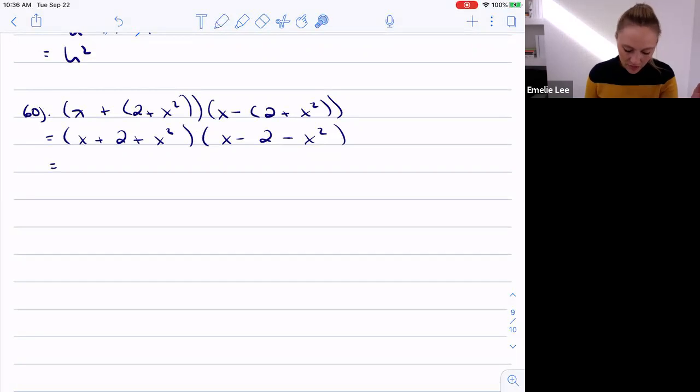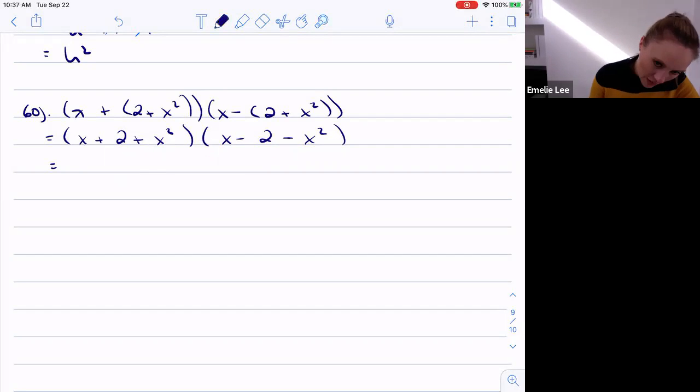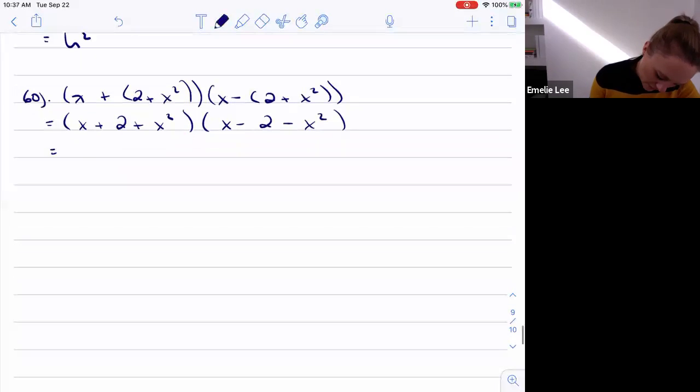So same idea, I'm going from x times x, plus x times negative 2, plus x times negative x squared, then on to the second term, 2 times x, so plus 2 times negative 2, plus 2 times negative x squared, onto the third term, and you just keep going and work methodically through each of the terms. I'm going to start just skipping to x squared.